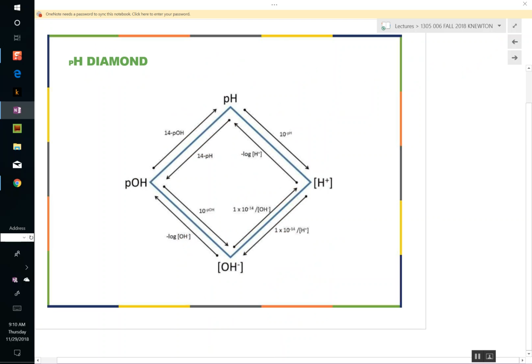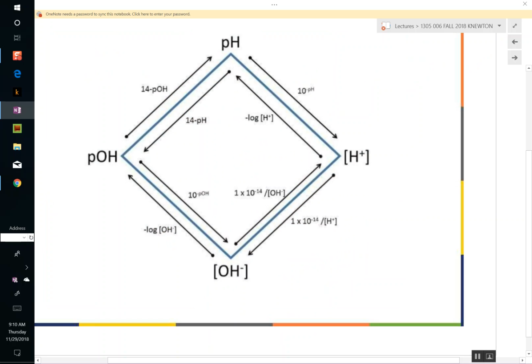All right, I don't know how helpful this would be. This might be confusing. I hope it isn't too confusing. But remember, this is what we're really interested in the most. What is happening with the hydrogen ion concentration in a solution, in the bloodstream, in an acid we've prepared, whatever.